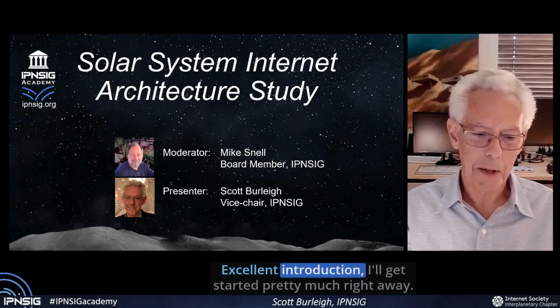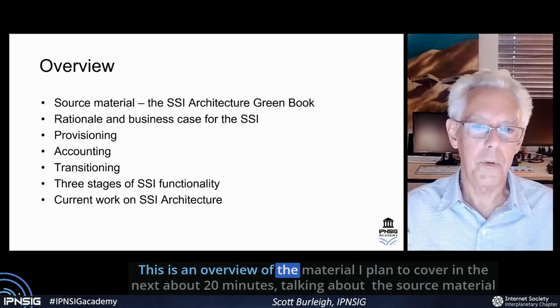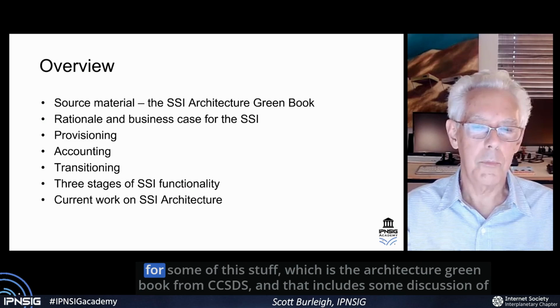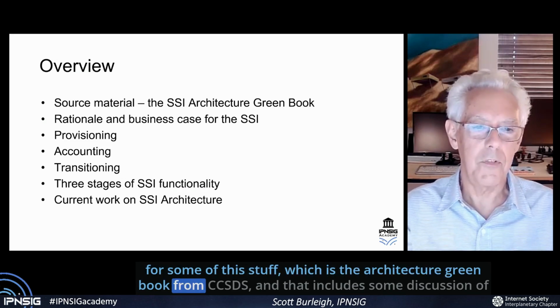Excellent introduction. I'll get started pretty much right away. This is an overview of the material I plan to cover in the next about 20 minutes, talking about the source material for some of this stuff, which is the Architecture Green Book from CCSDS.